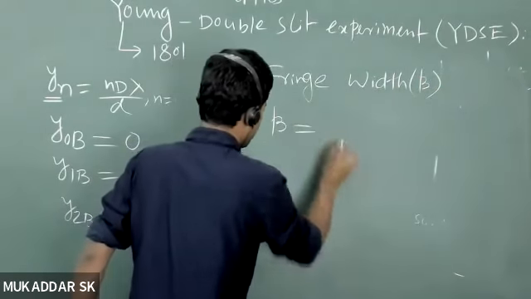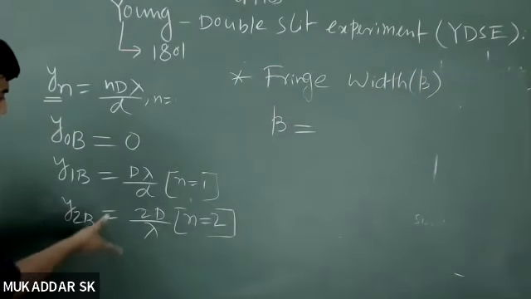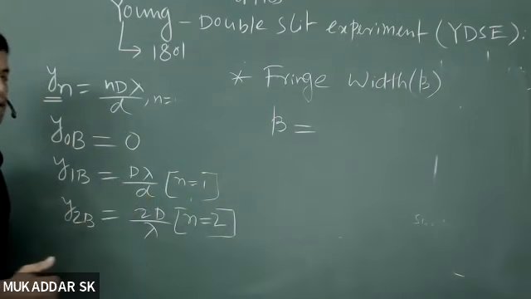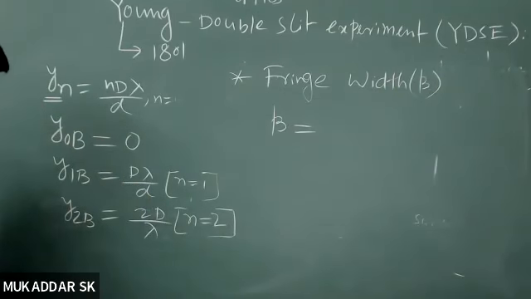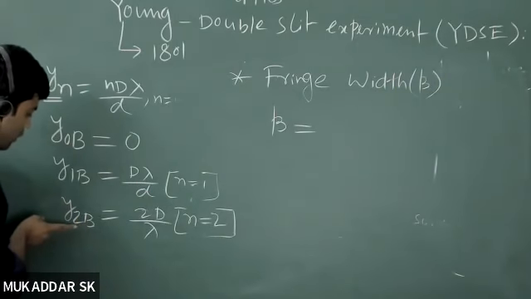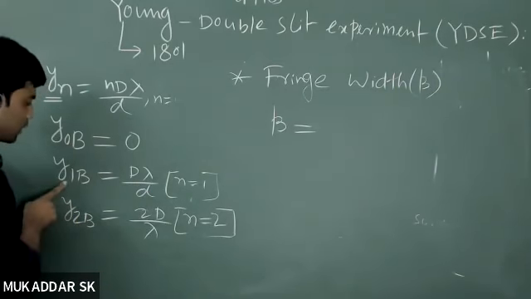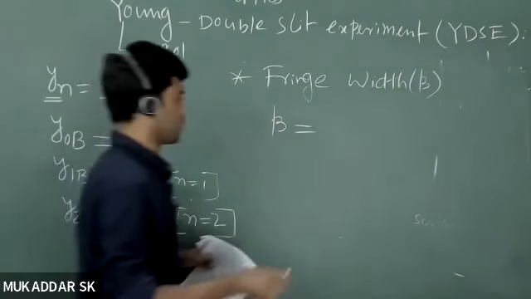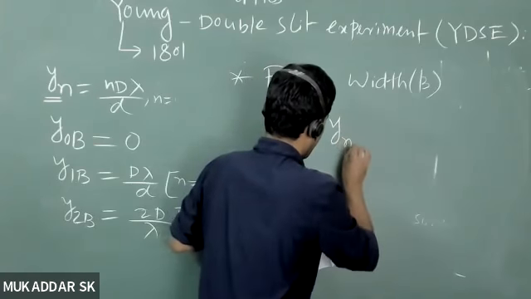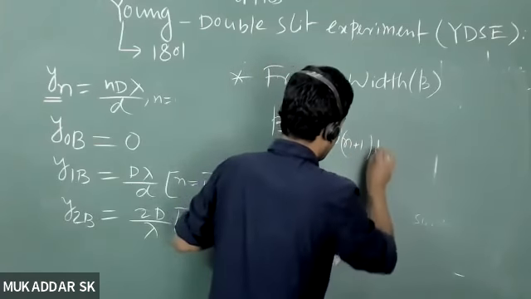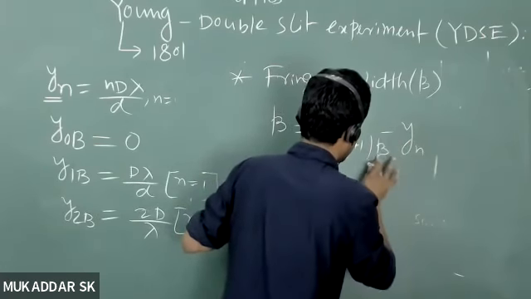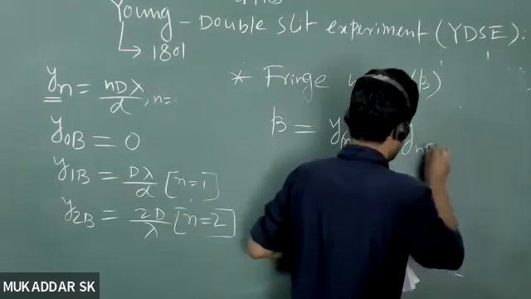Fringe width is nothing but the separation between two consecutive bright or two consecutive dark fringes. So the separation between two consecutive bright fringes is Y(n+1) minus Yn, not beta, this will be capital B, sorry, Yn.